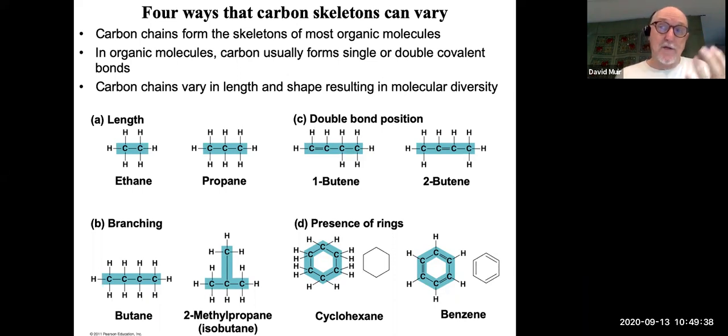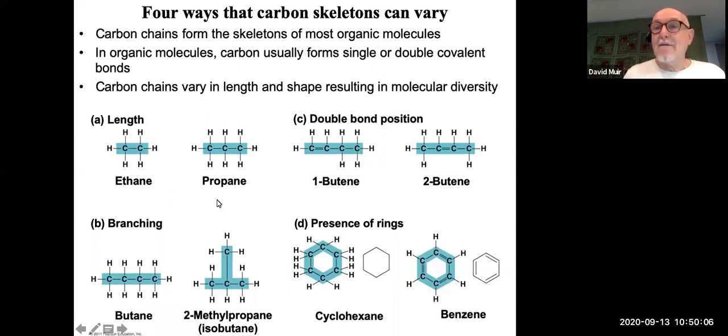So I remind you, we talked before about how the carbon atom is the basis of all biological molecules. It may have other elements attached to it, but we are usually looking at a carbon skeleton for the biomolecule. And I remind you that we did this last time, that these carbon skeletons can vary in many, many ways.